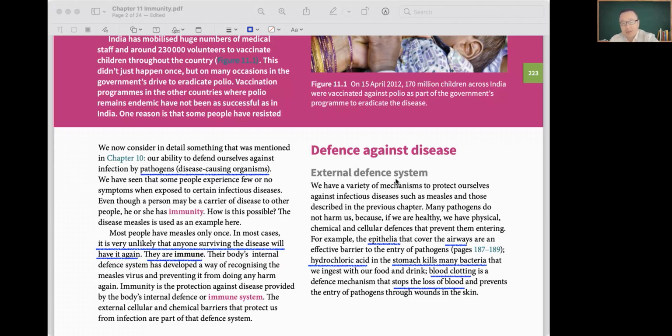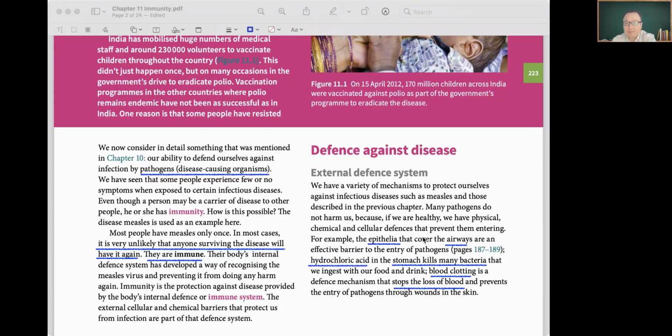That is the dead virus or dead bacteria, as well as the dead white blood cells inside the pus. But without the repellent function of the cilia, your pus cannot be expelled from your trachea. For example, the epithelia that cover the airways are an effective barrier to the entry of pathogens.